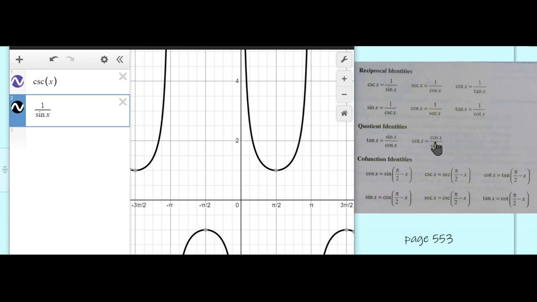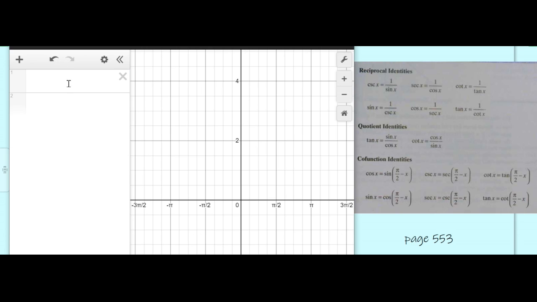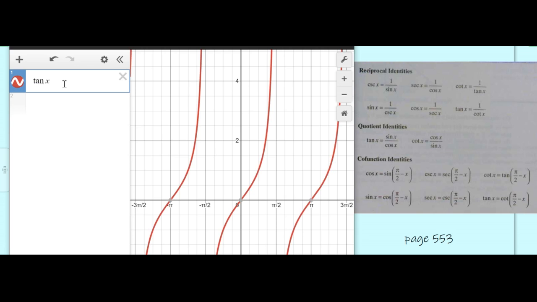In most of what I wrote down for you, I wrote down tangent as sine over cosine or y over x. That may be one way that I would write that in my work. But here are your trig quotient identities. These are things that you probably already know, at least I hope so. But today we're going to show them as identities. So let's graph tangent of x on the left and see what it looks like.